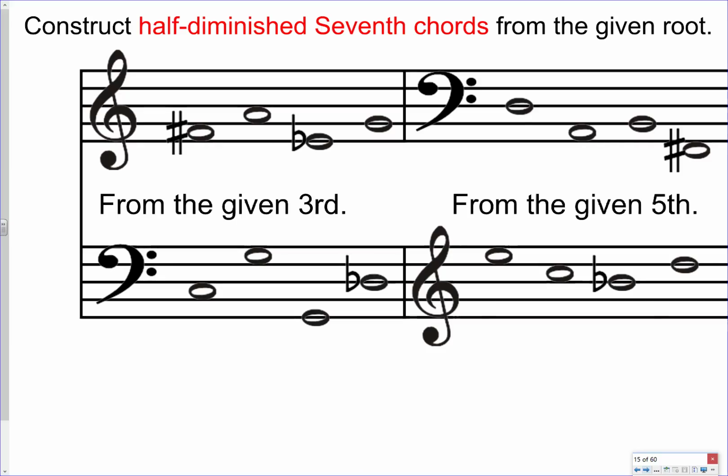So now, we need to construct half-diminished 7th chords from the given root. Let's do one together. So let's do the third example on the first line, where we have an E-flat as the root. Let's build our snowman.